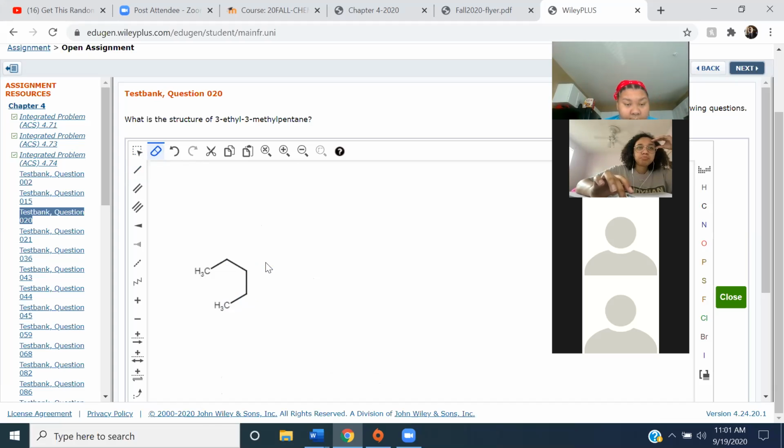And then from the 3rd carbon, you're gonna put a methyl group going down at a down angle.